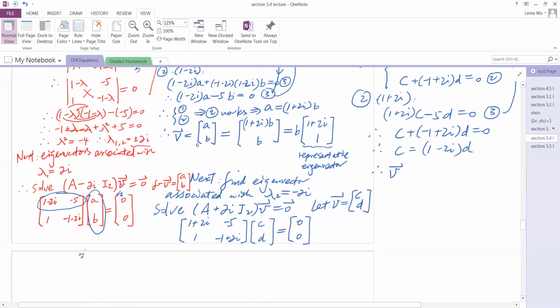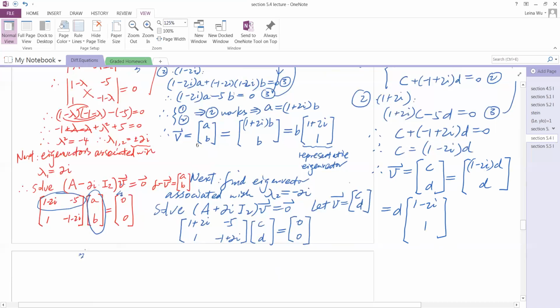So this vector v now would be c d, and that's going to be 1 minus 2i d times d. So again, you can pull out the d, you get 1 minus 2i, 1, right?